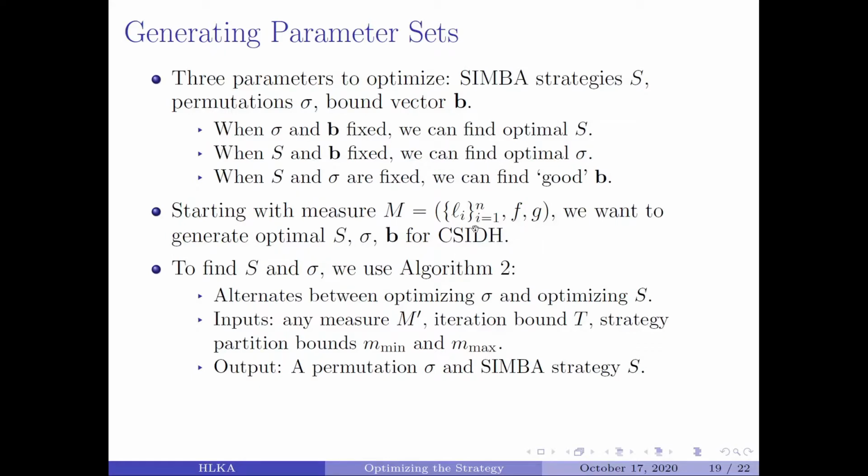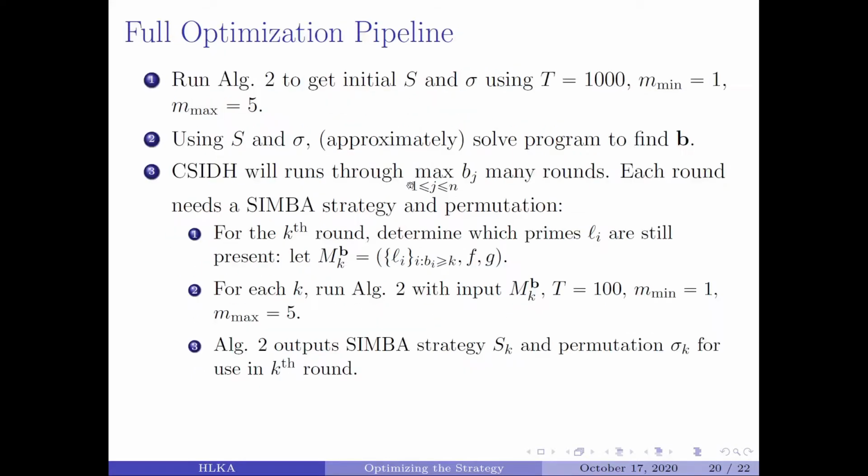So we want to start with our initial measure and produce a full parameter set. We'll run algorithm 2 to get an initial value for our strategy and permutation. Then we'll use those initial values to solve the program to find the bound vector b. Once we have b, the only other thing we need is the strategies and permutations to use in each round of the algorithm.